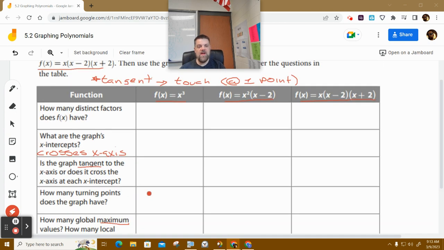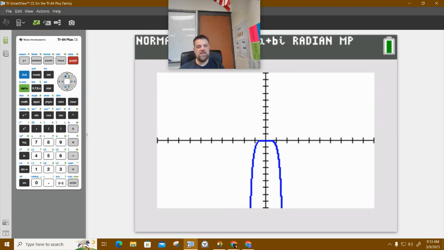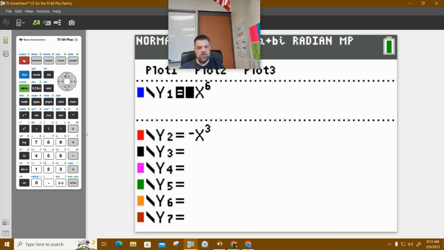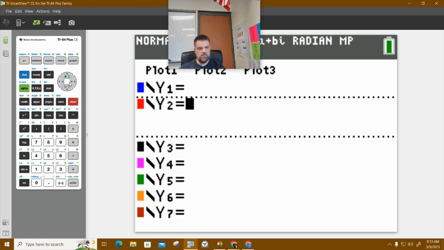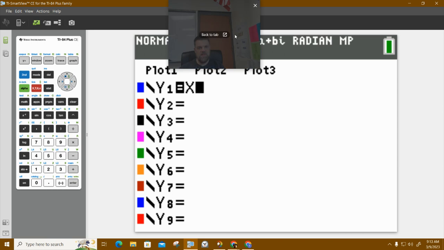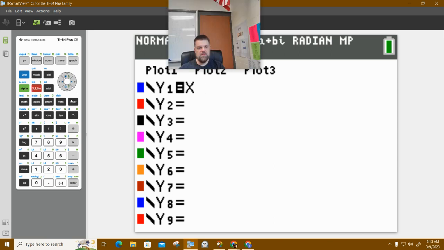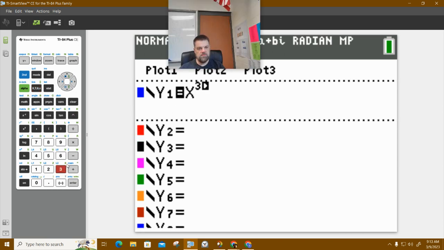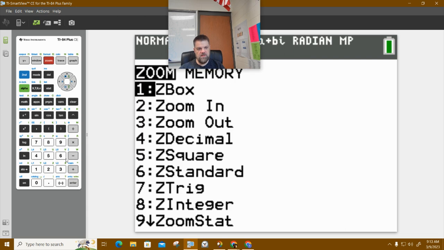So anyways, let's graph f of x equals x cubed. So pull out your handy dandy calculator and go to y equals, clear out everything, and just type in x raised to the third power. Go to zoom and just select standard.